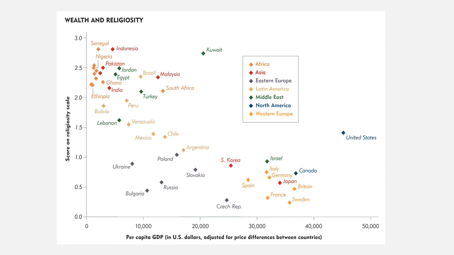Countries like Japan, France, Sweden, Britain, Canada, they have a low level of religiosity, not even scoring 1, but somewhere above 0.5, but relatively wealthy. So you can ask yourself, looking at this graph, what's the relationship between wealth and belief in religion? Well, you could see that the poorer a country is, the more likely they are to be religious.